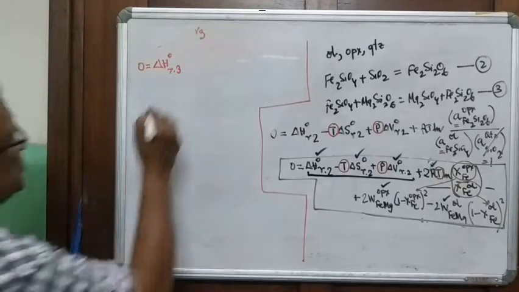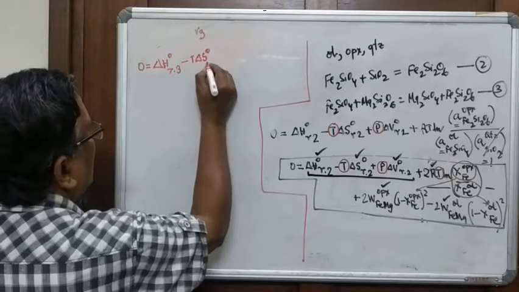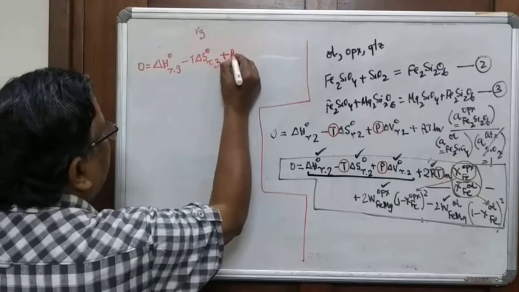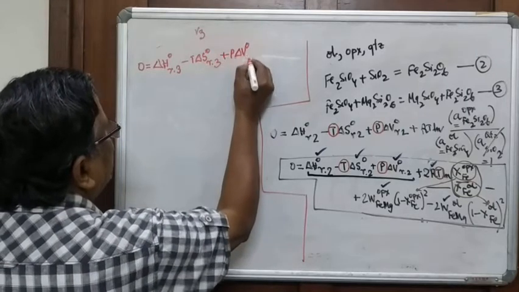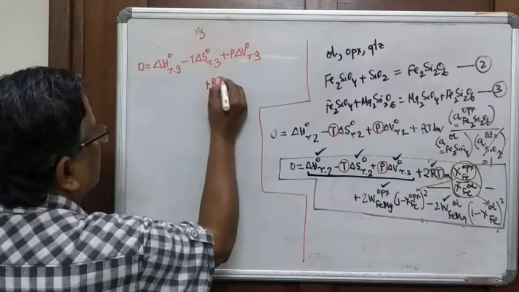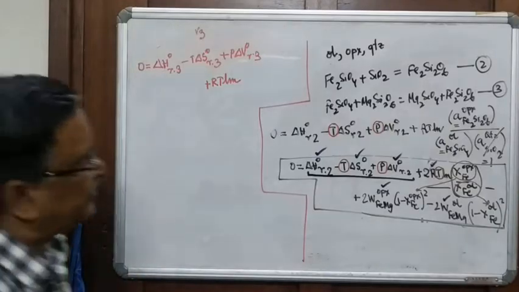These are different values. Minus T delta S0 R3 plus P delta V0 R3 plus RT ln product minus reactant.